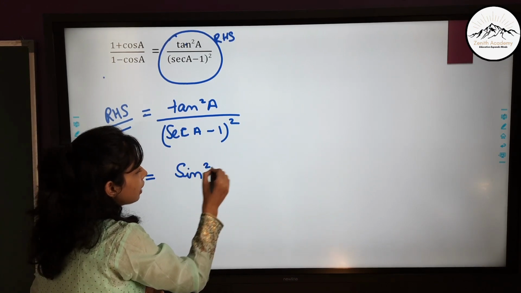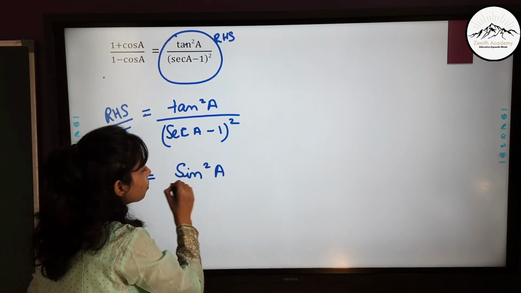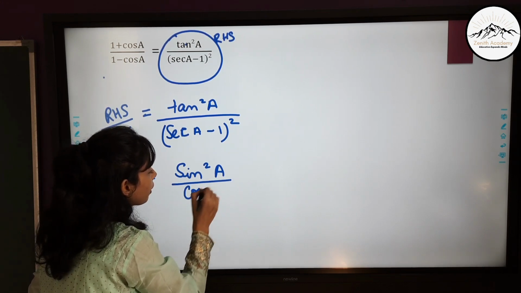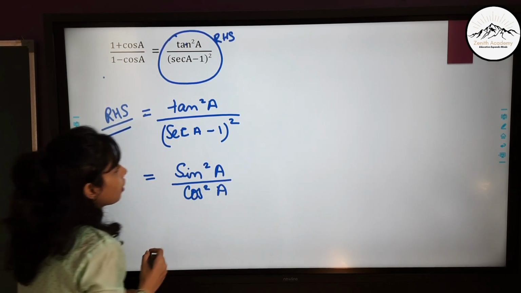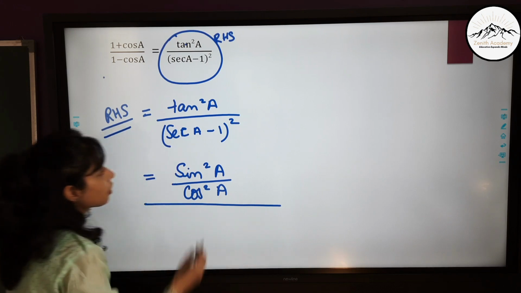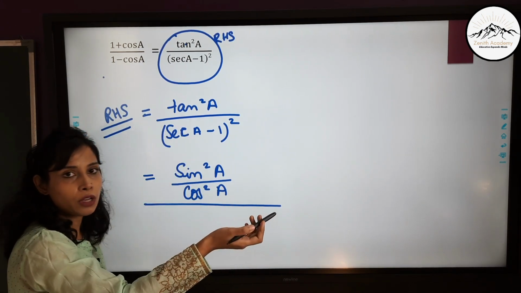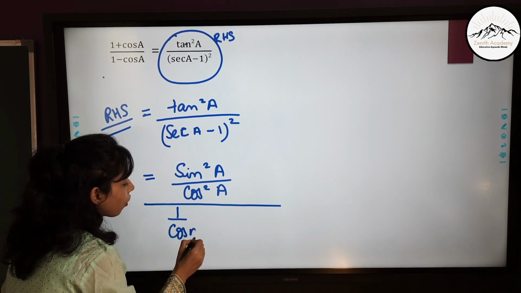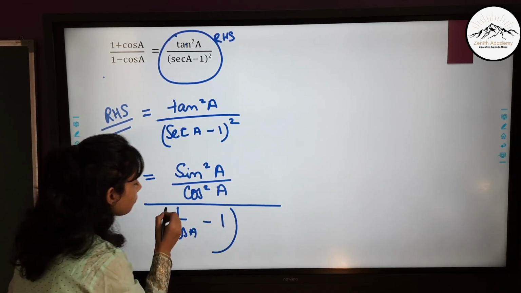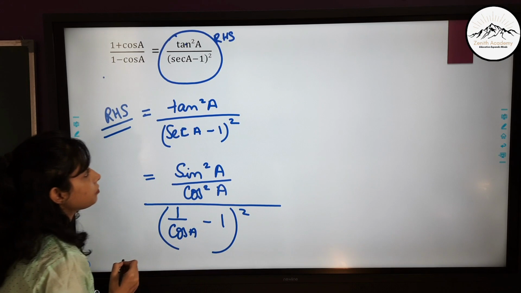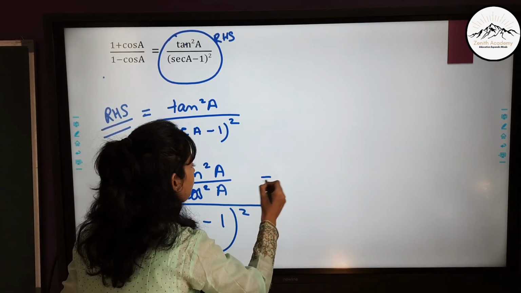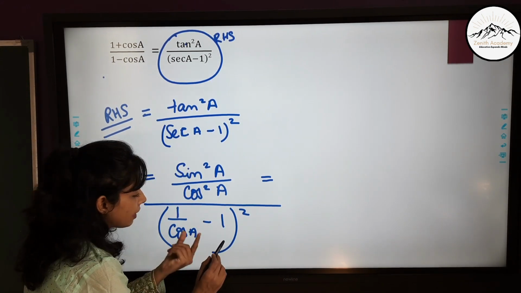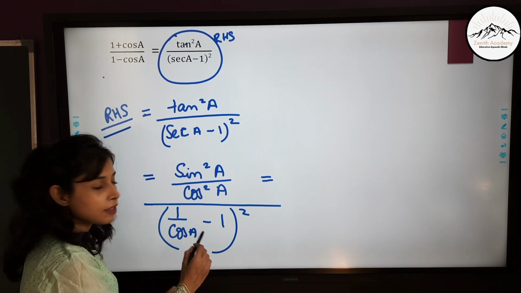Let's take this in form of sin and cos. Sin square A upon cos square A upon (1 upon cos A minus 1) whole square, since sec A is the reciprocal of cos. Now we can take the LCM and solve this.